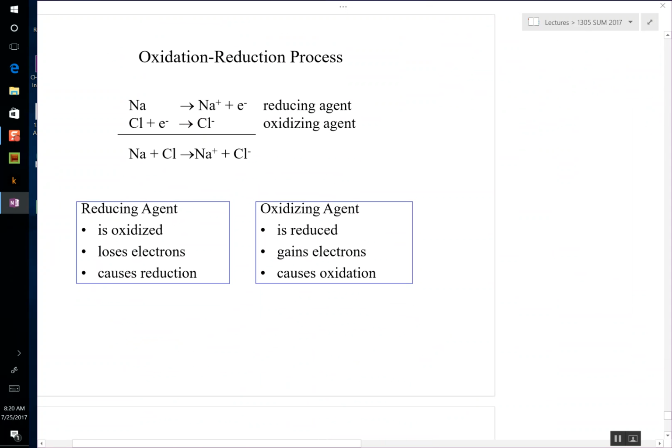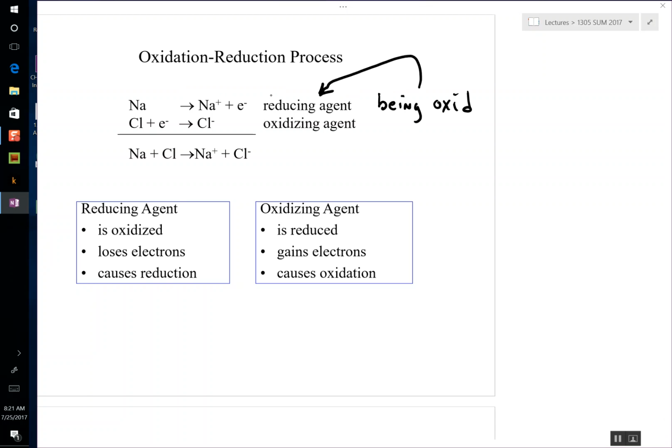Then we talk about reducing agent and oxidizing agent. The sodium is being oxidized. It is the reducing agent. What does that mean? It is the substance that is causing the chlorine to be reduced.